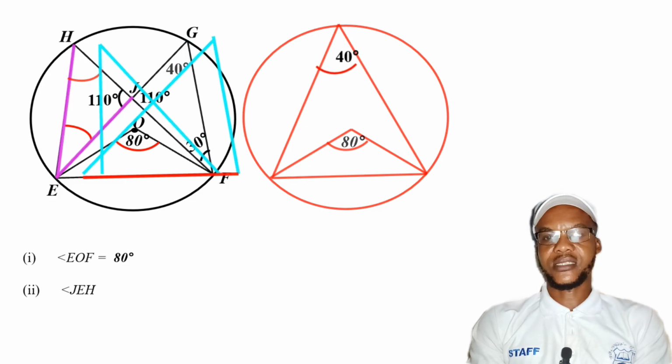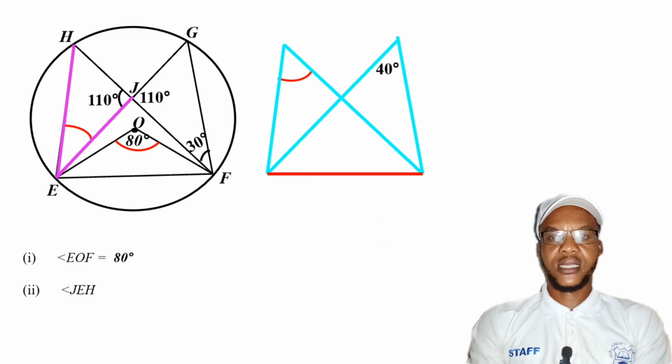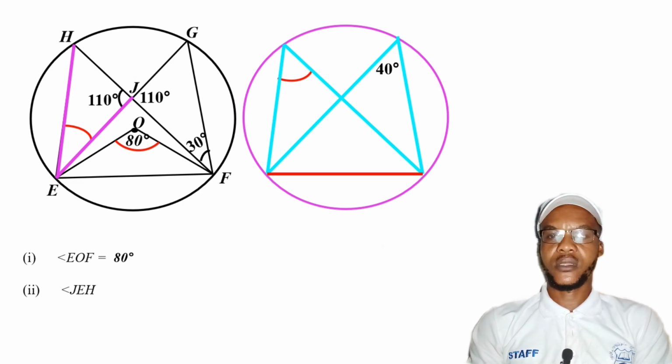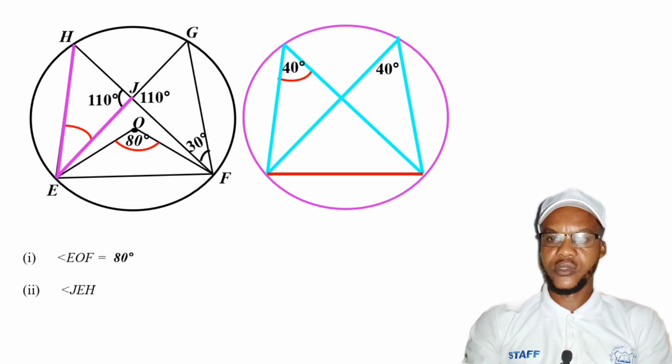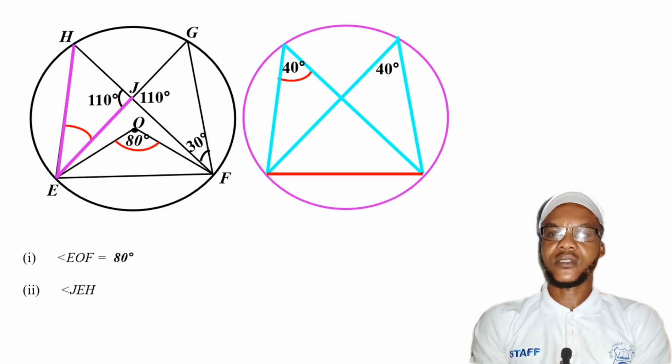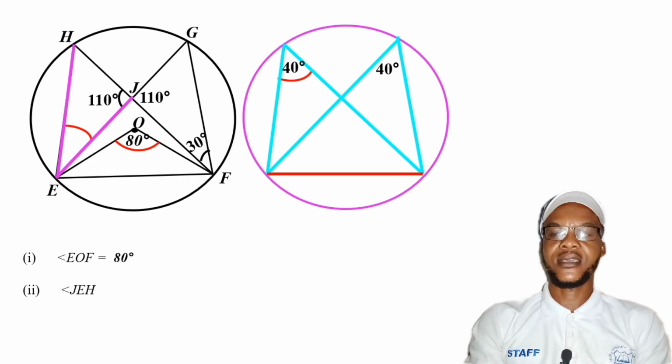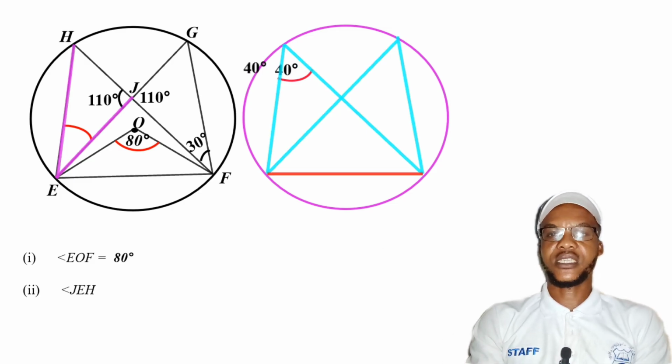In a circle, remember we said that angles at the circumference subtended by a chord, what did we say? We said that they are equal. So if that side is 40 degrees, then the other angle is also what? 40 degrees. That's what we are saying.